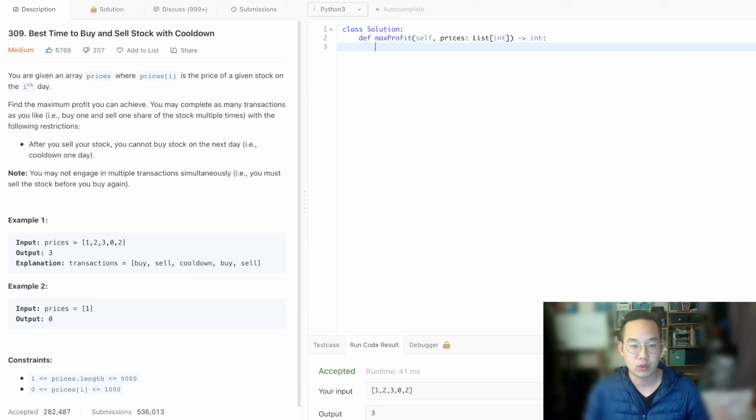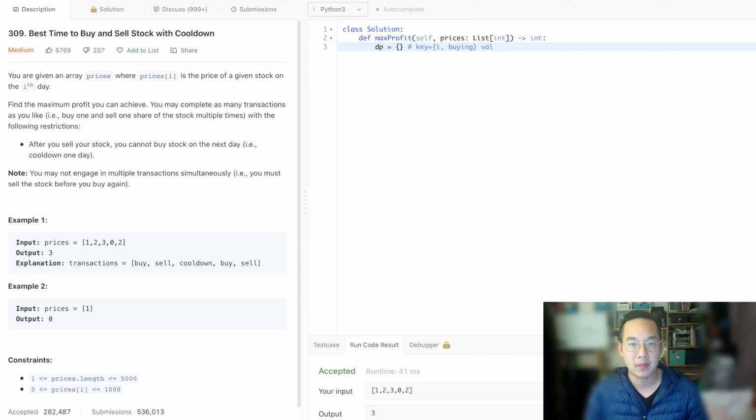And so for that, we're going to have a DP where the key is going to be equal to the two items, i and buying. This makes it hard for us to do bottom up because we're not just using indexes anymore.